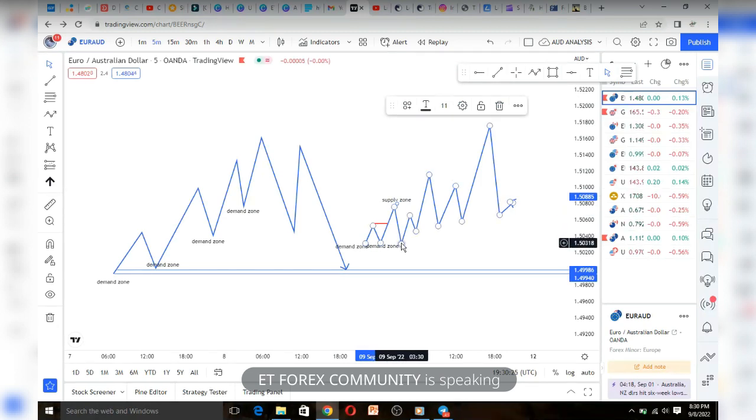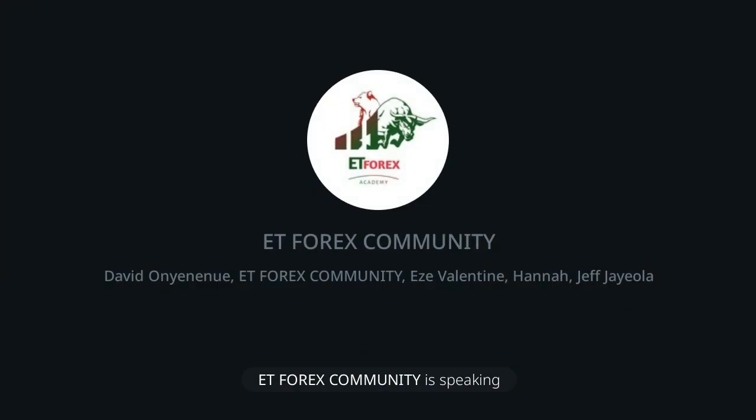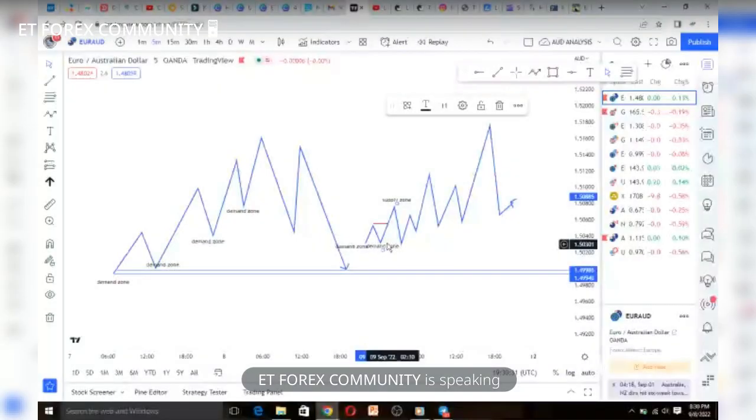The reason this makes trading easy is that you don't have to be afraid that you've lost it. All you need to do is wait for the next demand zone that broke the previous supply zone and gave us a break of structure. Once you find it, that is your area to enter.